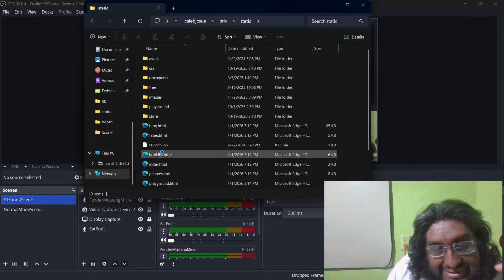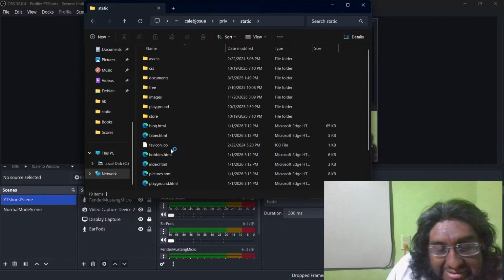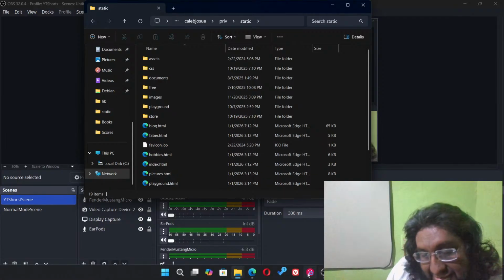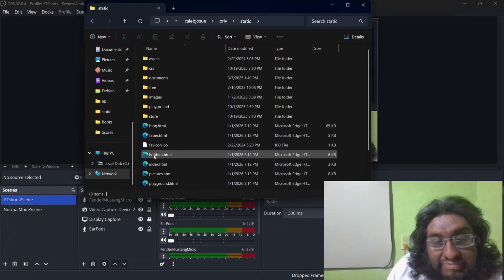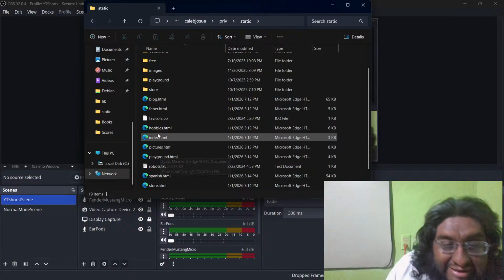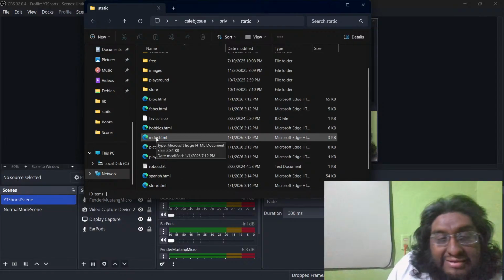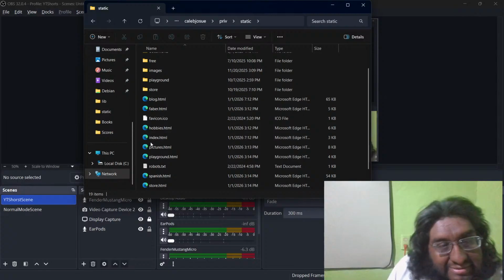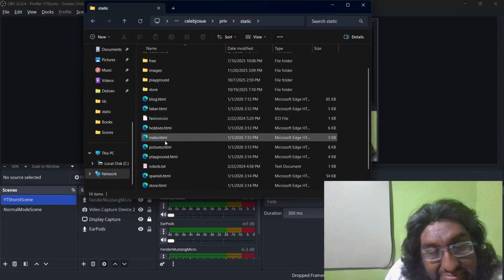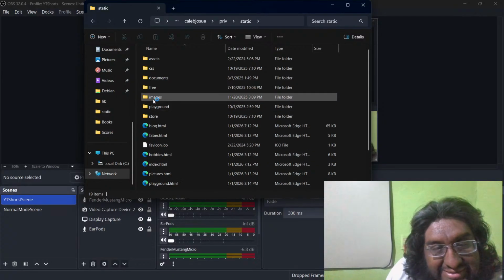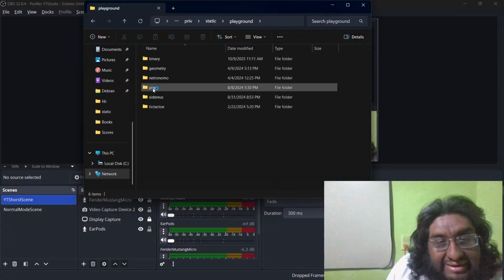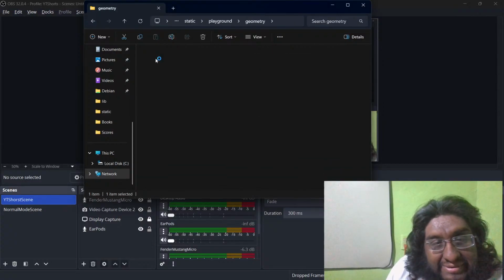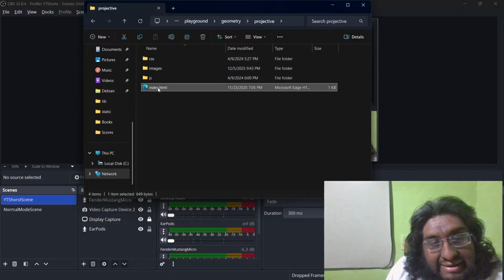They have achieved version 19, and I have a mess in this Debian. I would like to see if I can upgrade in a straightforward fashion, or if it will be a major burden for us. Okay, let's get our English playground, geometry, projective, and the index.